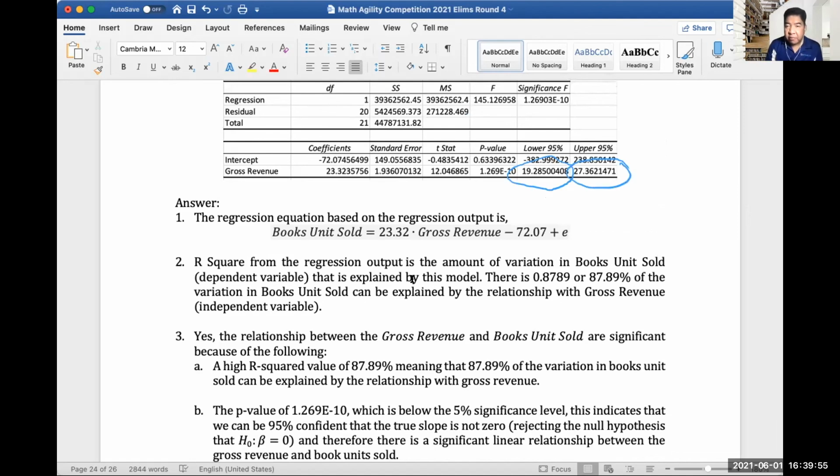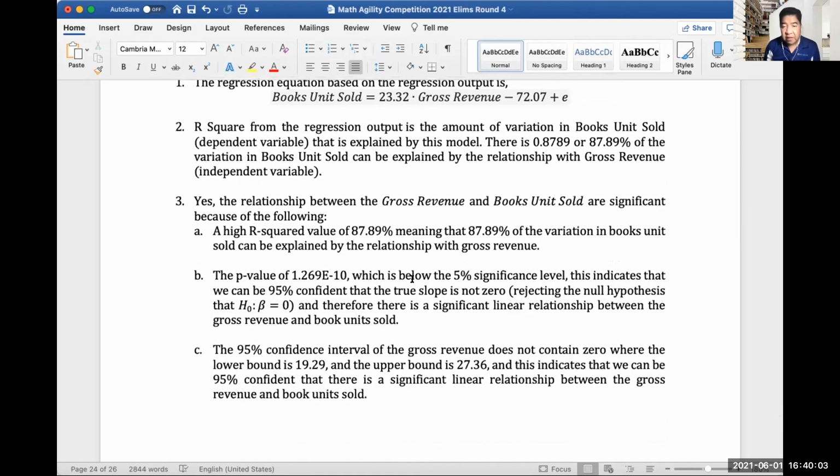So from that boundary, from that range or interval, what did we say here? It does not contain zero, right? Because from 19 to 27.36, there is no zero between them. And that indicates that we can be 95% confident that there is a significant relationship between the gross revenue and books units sold.